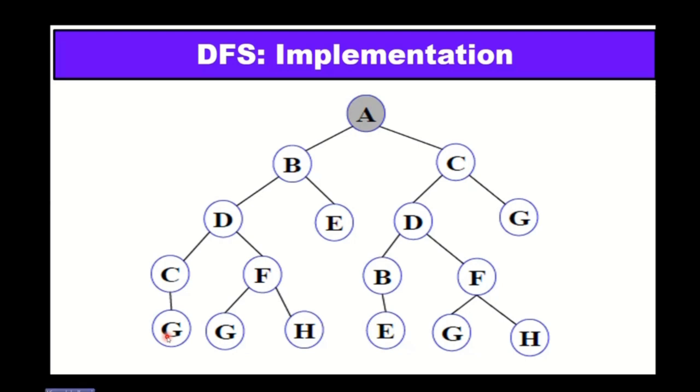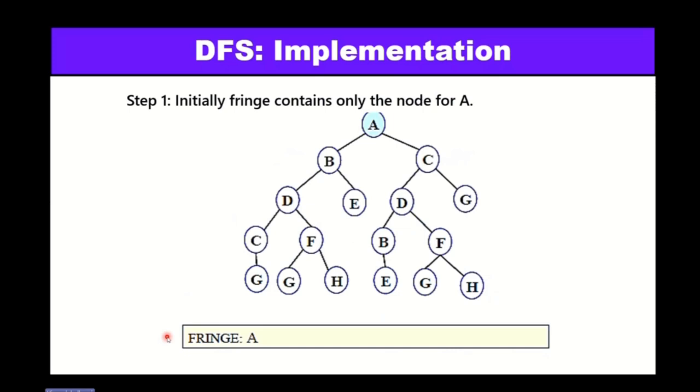Now this is the problem given to us, and we have to apply depth first search to solve it. Okay, now step 1: check where A is. A is the root node. Is A having branches? The answer is yes.